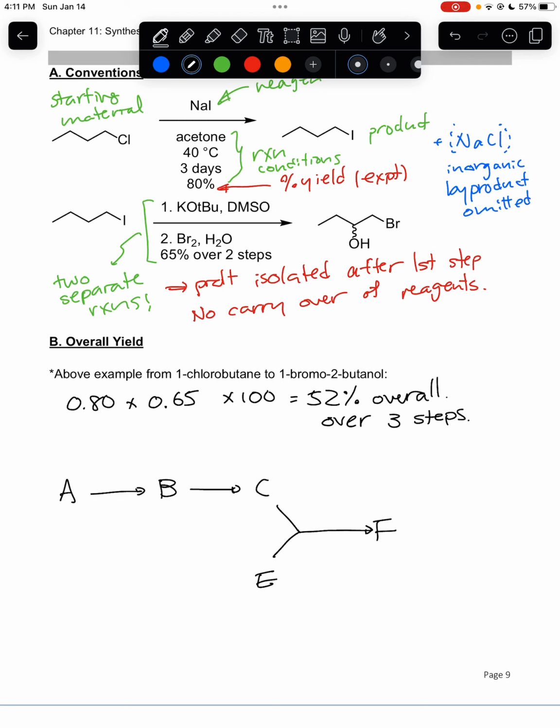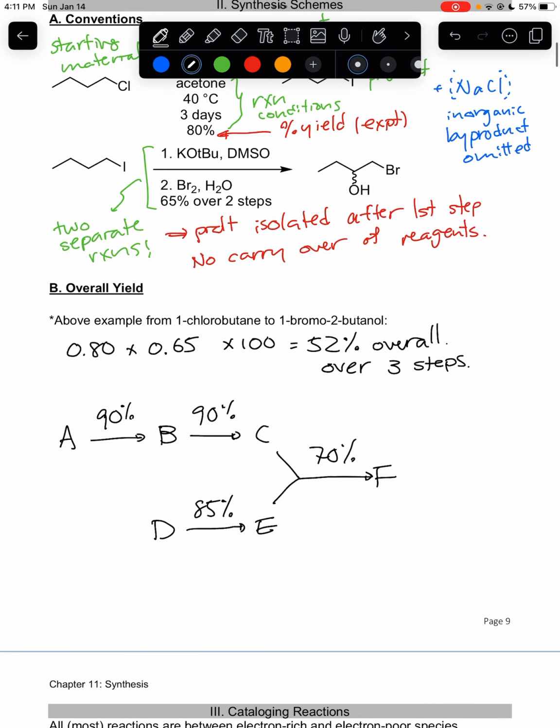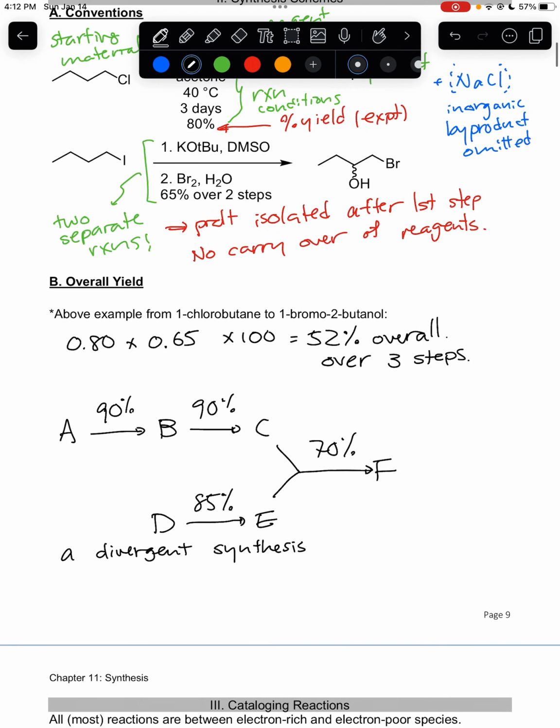In other words, you can't just go buy it, you have to make it from molecule D. And then let's say that each of these steps has these hypothetical yields, okay? Then what is the overall yield? This, by the way, is called a divergent synthesis, because there's two different things I initially diverted, but they combined together to give you your final product here.